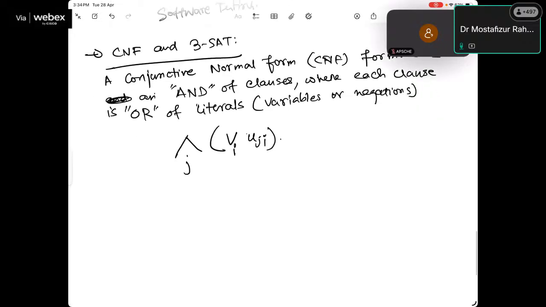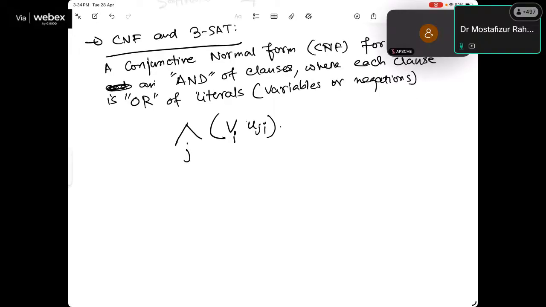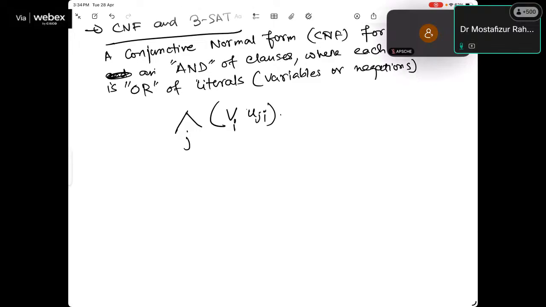So let us try to understand practically what the CNF means. Suppose you are designing a particular engineering system, and you have a set of inputs and a set of equipment. Suppose this is the first part of the circuit, this is the second part of the device, this is the third part of the device, and you have given an input.